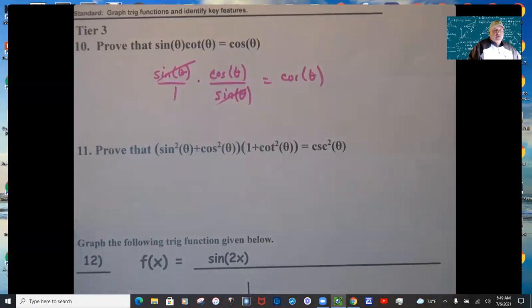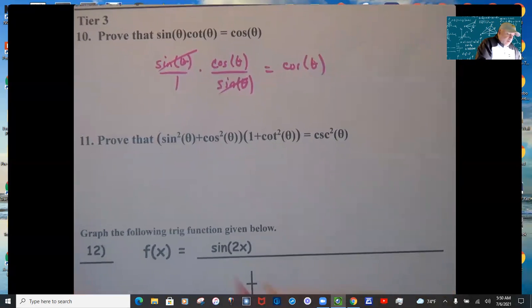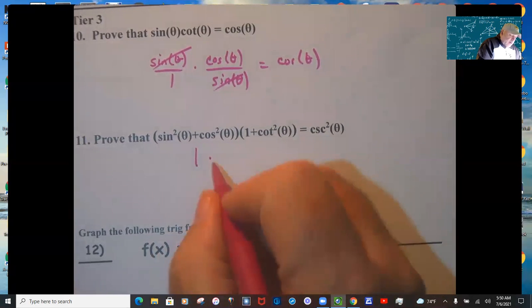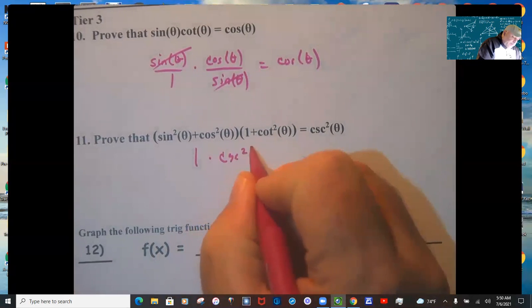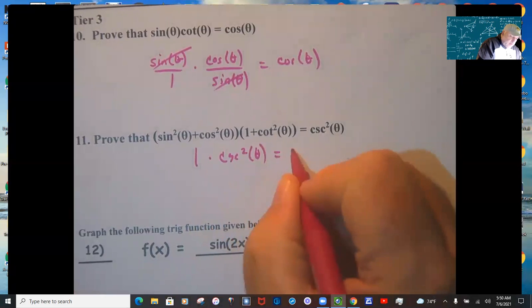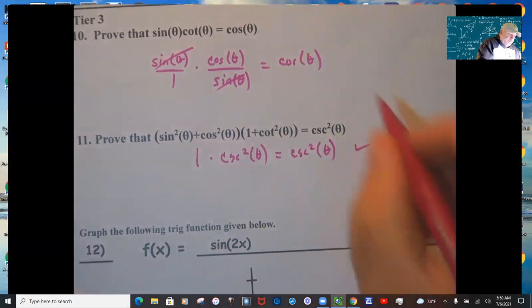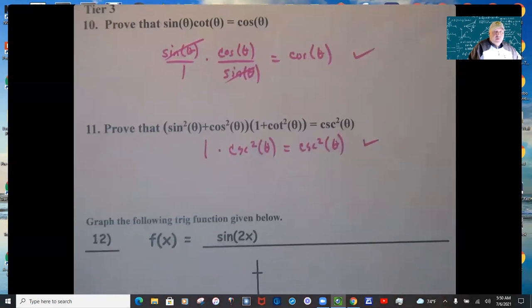So that proves it, literally. Okay, this is 1 here. 1 plus cotangent squared, that is cosecant squared. And there we go. We've got it. Okay, and so that is true. One simple substitution, nothing really crazy going on with that.